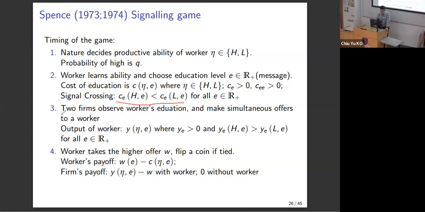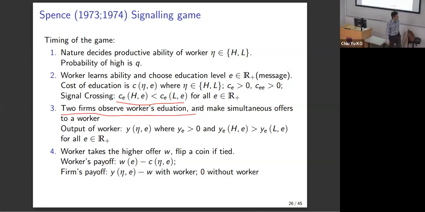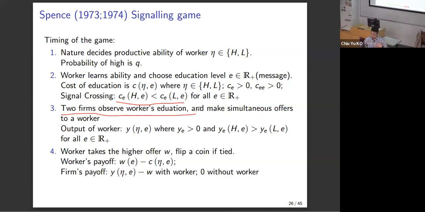The model has two or more firms making offers to the worker. Why do we want that? Because we want to simplify their offering, so that they are in a Bertrand competition. They fight for the worker, and later you will see the firms will make zero profit.